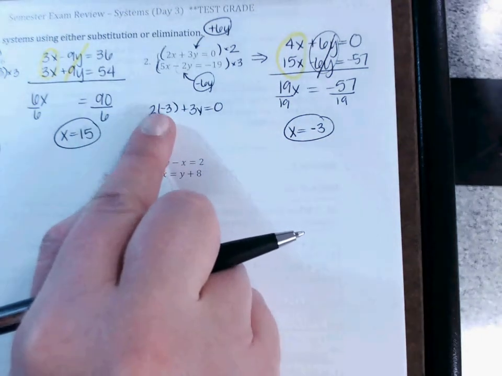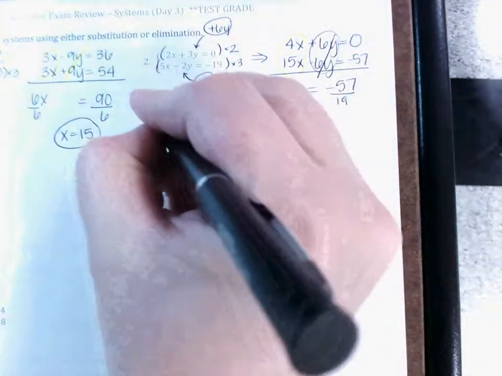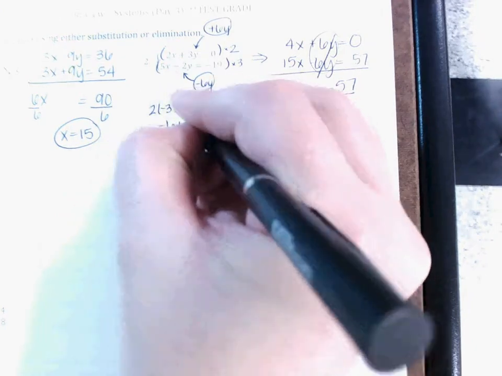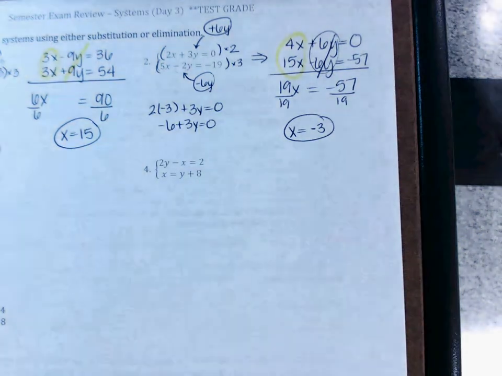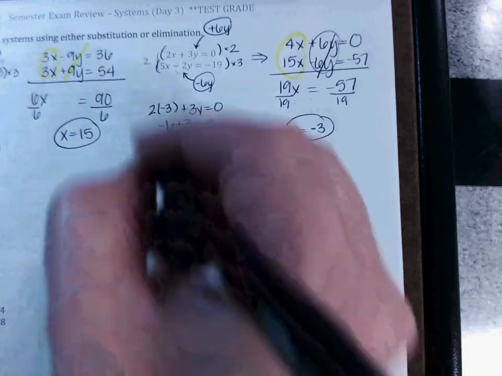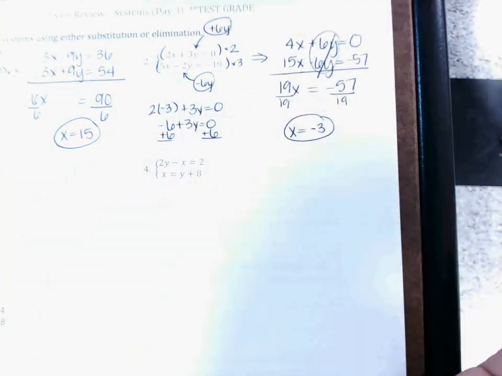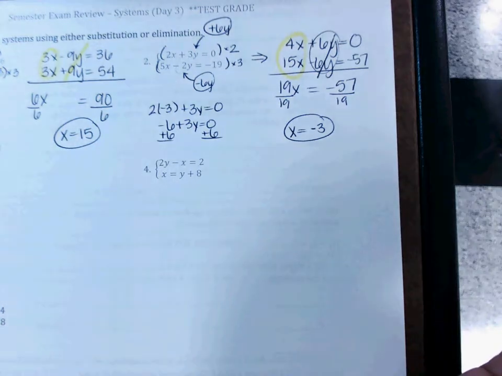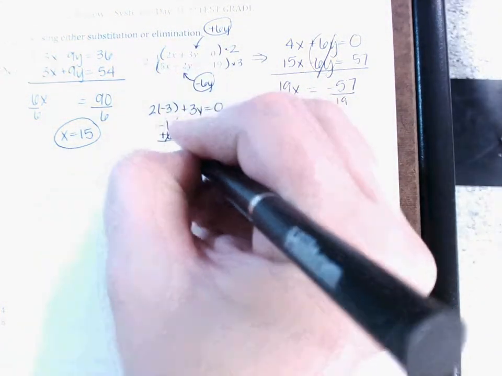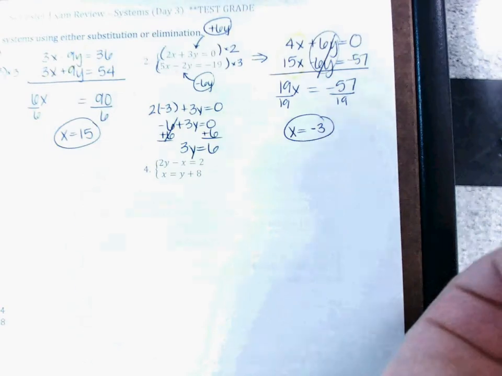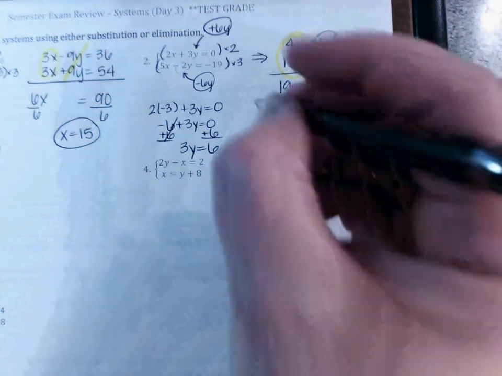That's really a what? Negative 6 plus 3y. And so if I want to solve and get rid of a minus 6, I'd have to do what? Yeah, plus 6 and plus 6. 0 plus 6 gives me 3y equals 6. Then divide by 3 on both sides. Y has to be what? 2.